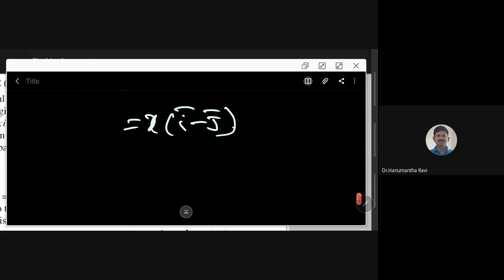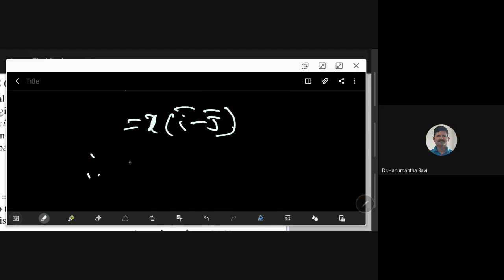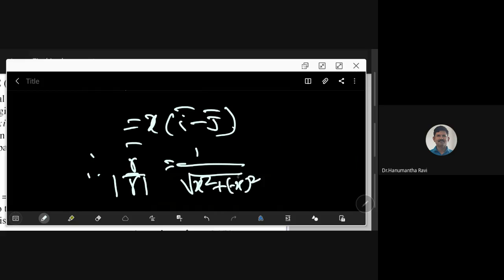So now my unit vector a bar is r bar by r, where r means the modulus of r bar. So 1 by the modulus, which is the square root of x square plus x square, into x i bar minus x j bar. x square plus x square is 2x square, so it is 1 by root 2.